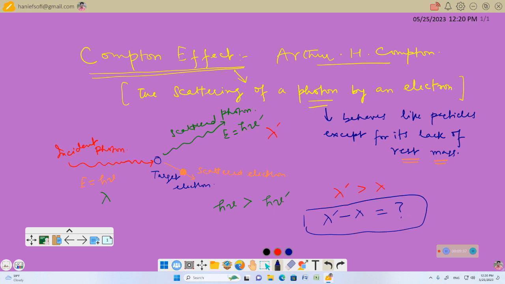We will derive that, this lambda prime minus lambda, that is the increase in the wavelength of the photon in this phenomenon, or I should say the amount by which the wavelength of the photon increases, he got the expression for this. This shift in the wavelength or change in the wavelength of the photon is called Compton shift.